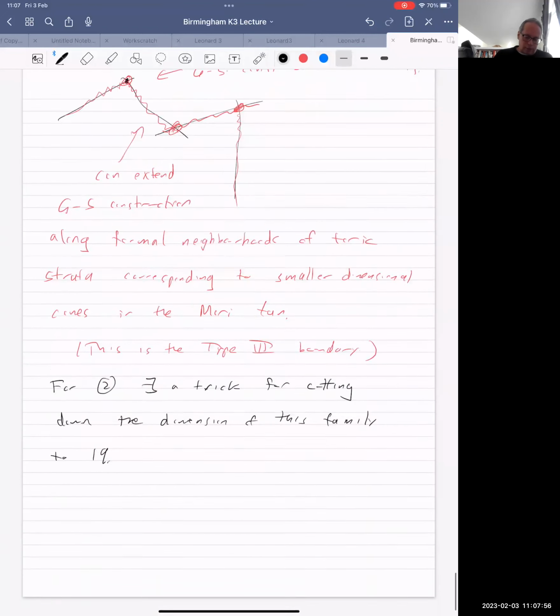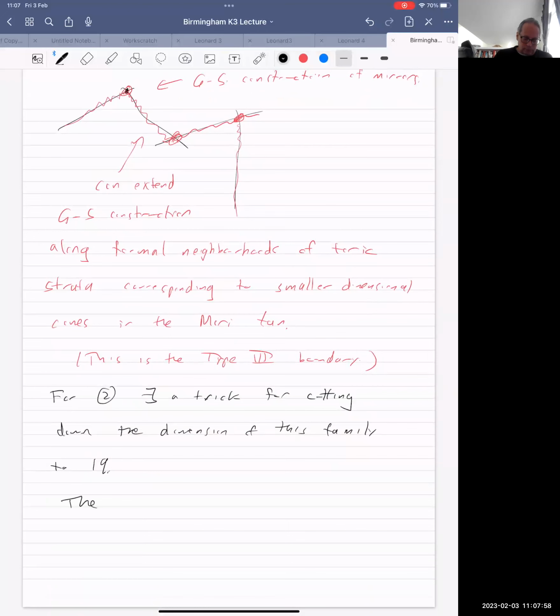So the final step is to glue the produced family into FG to obtain a compactification.